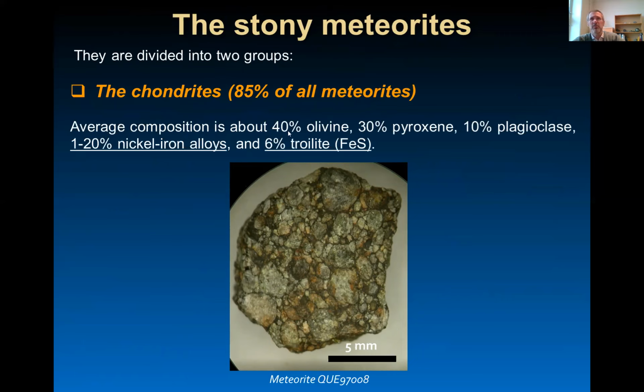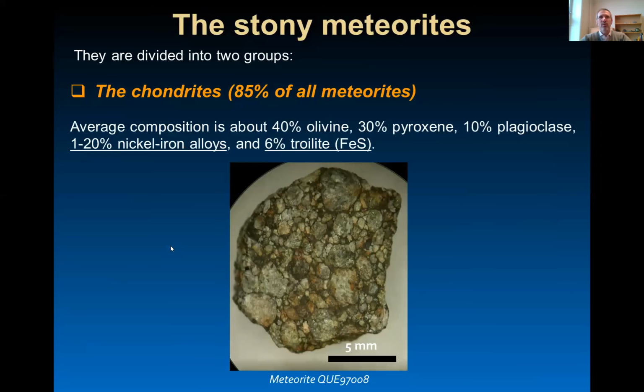Their average composition is about 40% of olivine, 30% of pyroxene, and 10% of plagioclase. We can find between 1 and 20% of nickel iron alloys and 6% of troilite, which is an iron sulfide. That's a picture of chondrite, and they are named chondrites because they contain chondrules, and this is what you see here. Most of the chondrules are formed by olivine and pyroxene.